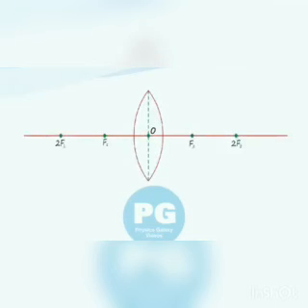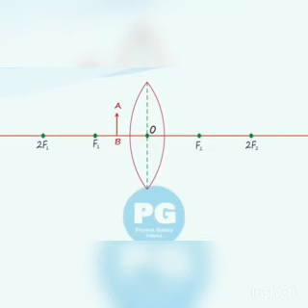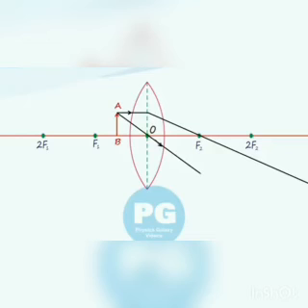Now we shall see the last position of the object, that is between F1 and optical center, that is very close to the lens. Here also we can consider the parallel ray of light which after refraction passes through the focus point F2. Next we are going to consider the ray of light coming from the object passing through the optical center, going straight without undergoing any refraction. So here the two rays are not joining anywhere, but when you extend these lines backwards, it appears to be coming from a point.